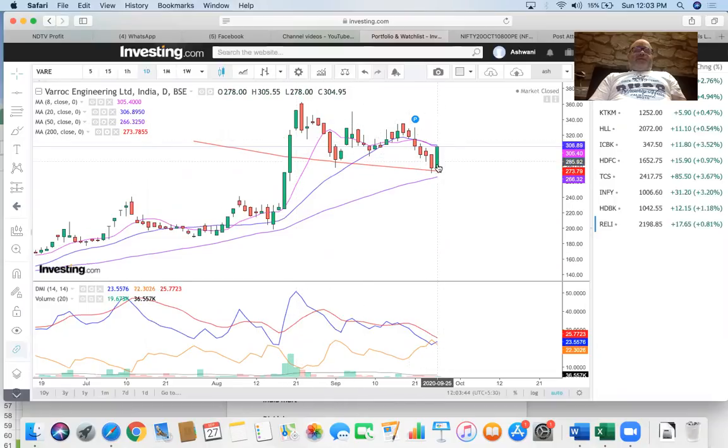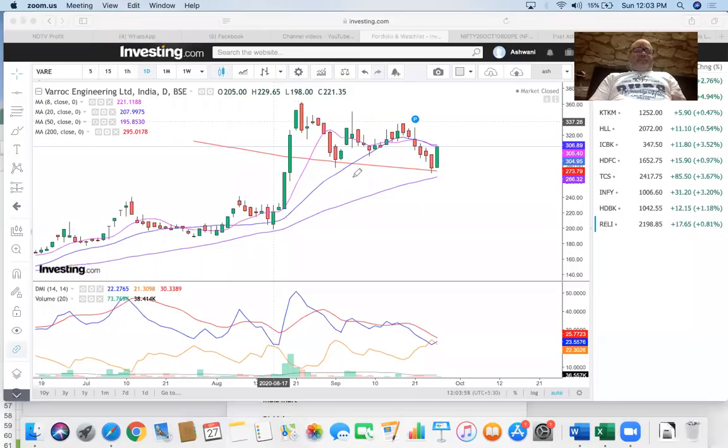It comes down to its 200, again restarts its rally on the upside. So fairly easy to make a trade out of this. This is your stop. You can have a target somewhere here.